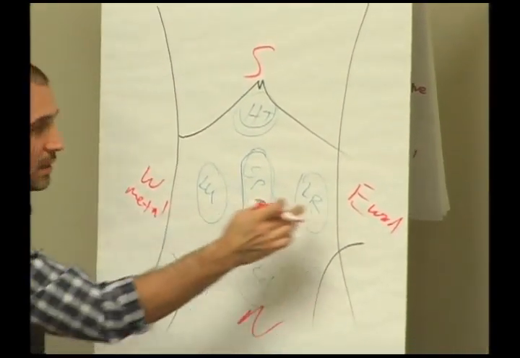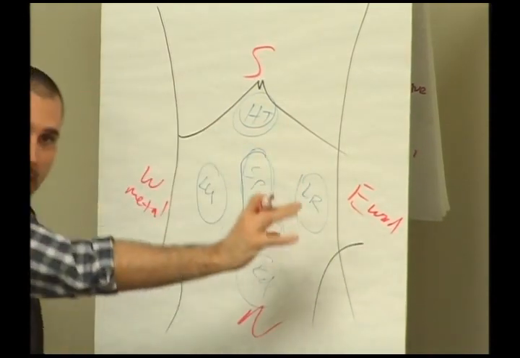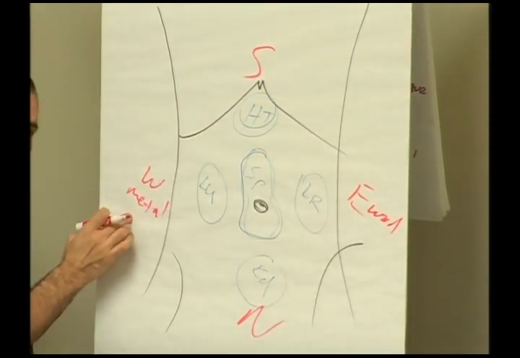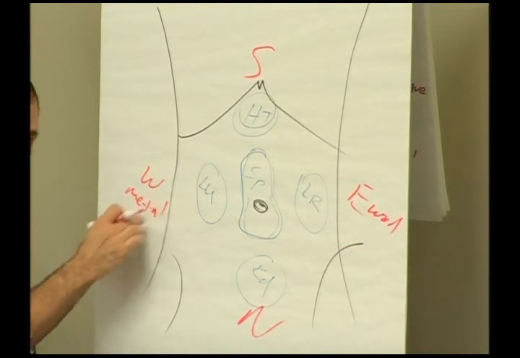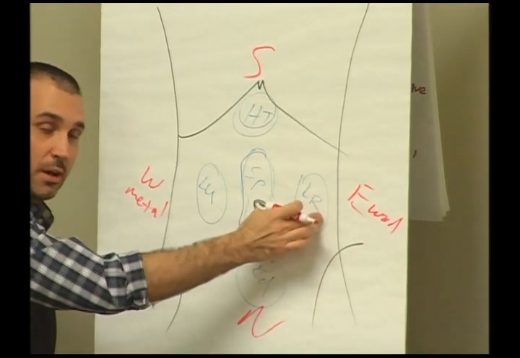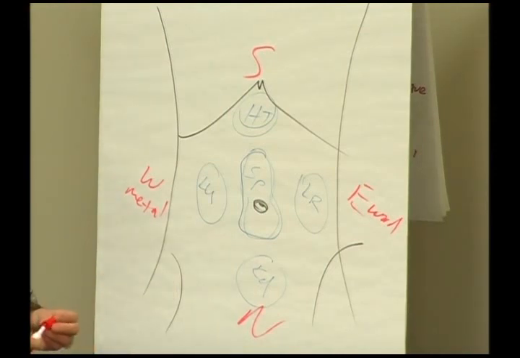Left side is east and wood, is yang. The right side is metal, is lung. So that's why liver is felt on the left side of the body in terms of abdominal diagnosis as well as pulse diagnosis.